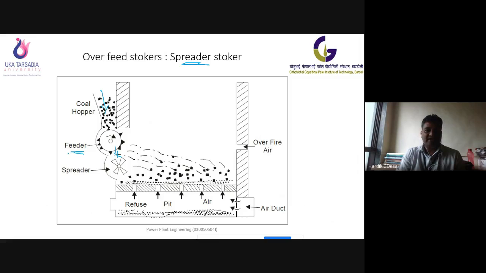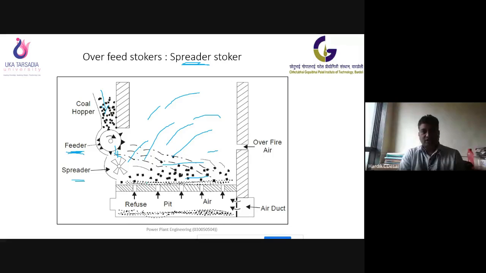The feeder will crush the fuel particles and manage the rate of coal transfer for the furnace. And this spreader is going to spread this fuel inside this burning area, equally distributing the coal in these areas. So the coal has the maximum area for the combustion, and heat will be equally distributed.